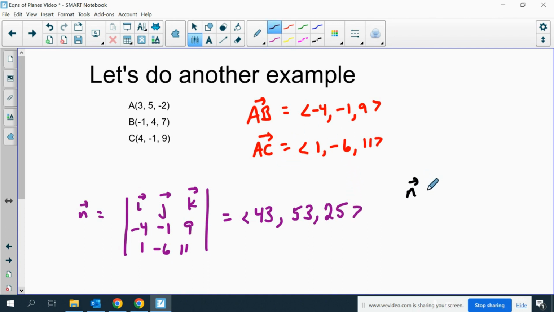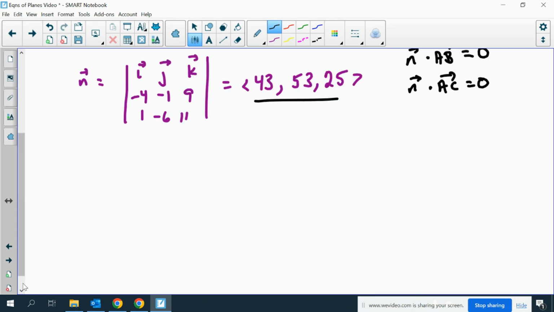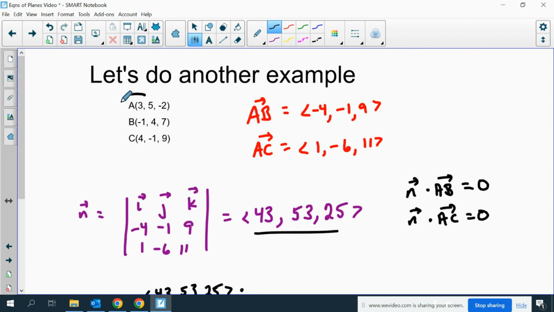If I do the dot product of N and AB and N and AC, or N and any vector up here that I could make from BC or whatever, it should end up equaling 0. And it does. So then what I finally do is I take this vector and I dot it with a generic vector that includes any of these points.